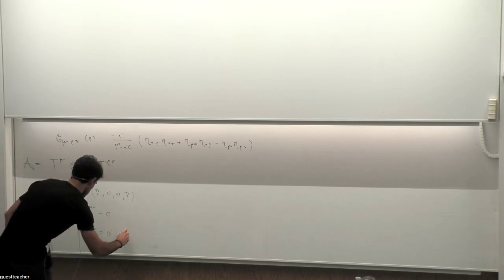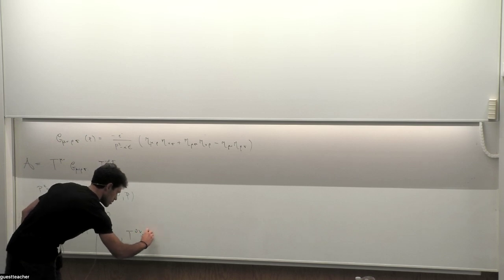So what we get is that T0 nu is equal to T3 nu.